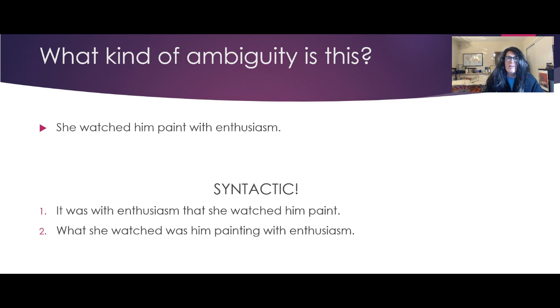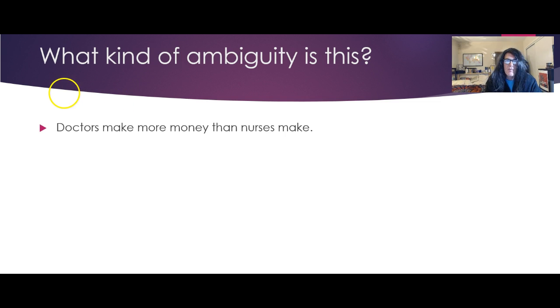We couldn't tell if he was the one experiencing enthusiasm as he painted, or if the enthusiasm should be attributed to her, that she was enthusiastic about watching him paint. But our 2 sentences, even though they're not the most eloquent, do at least rid the original sentence of the ambiguity that was present.